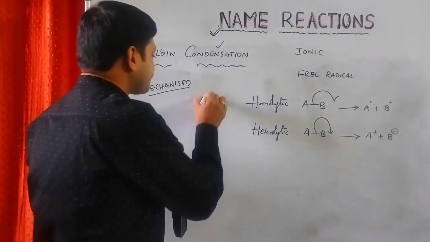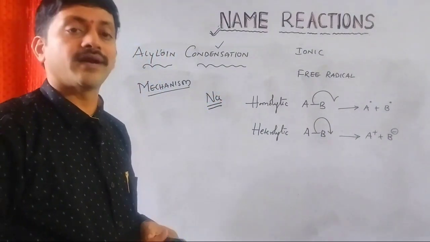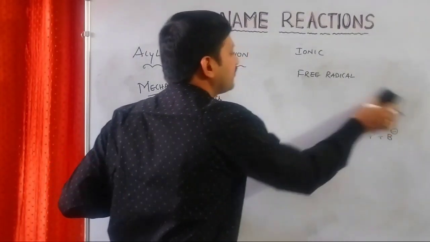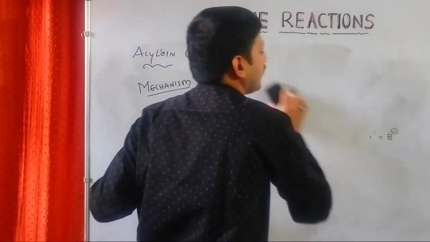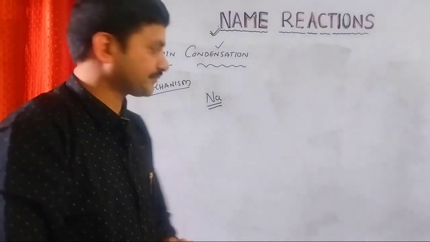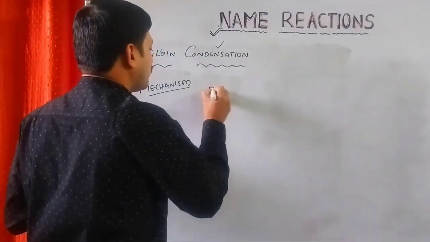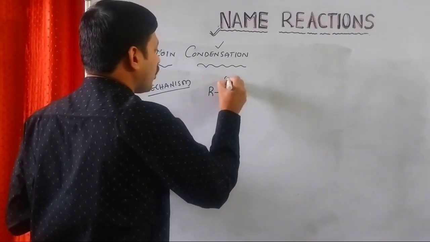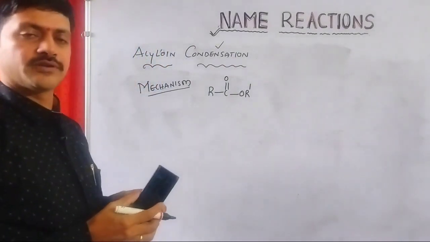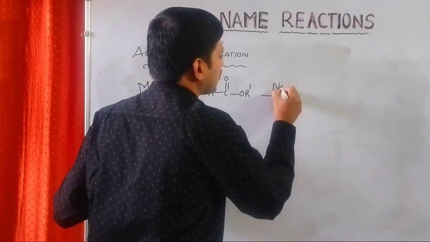Why? Because here we are using sodium metal. In most cases, whenever we use sodium or any kind of metal, the mechanism proceeds through the formation of free radicals. Let us see. The reactant is ester, RC double bond O, OR dash. This is the general representation of ester. The ester is treated with sodium metal.